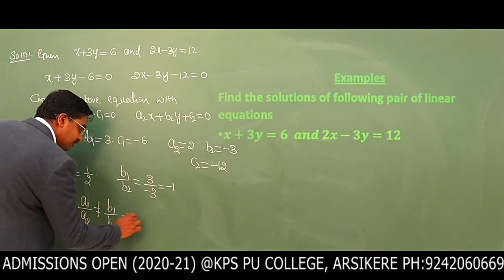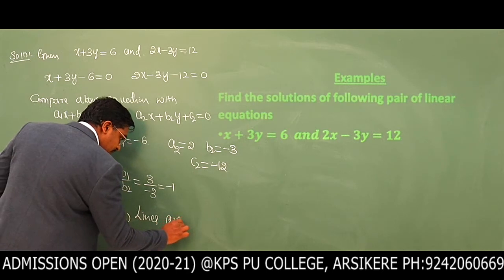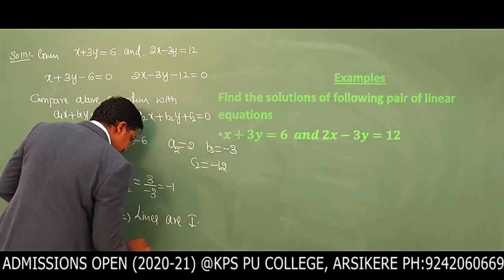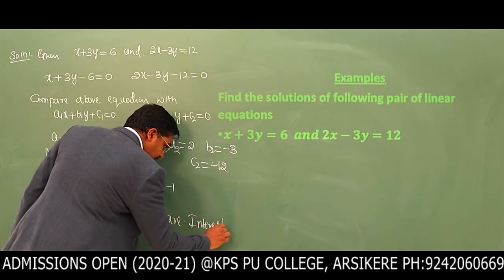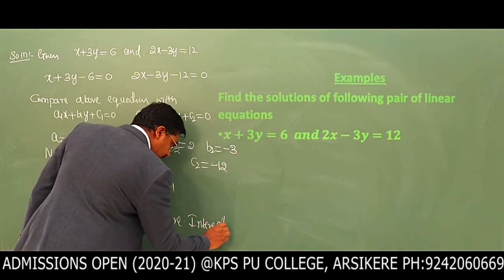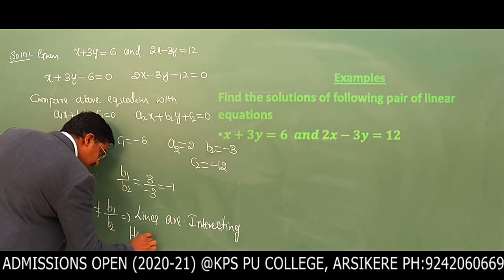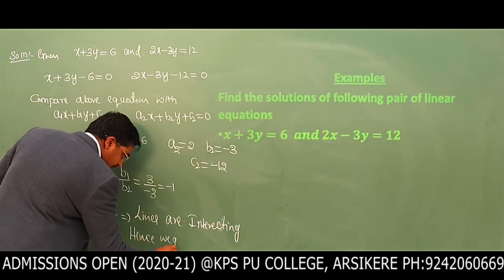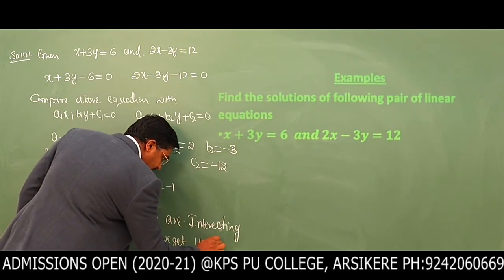This represents that the lines intersect, which means we get a unique solution, or exactly one solution.